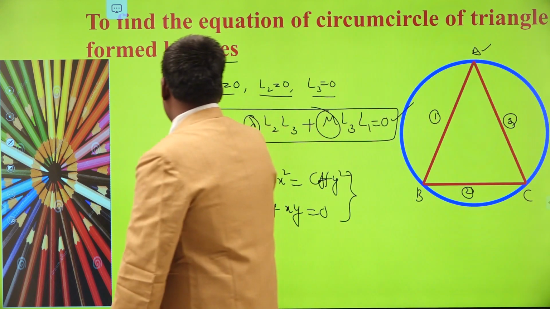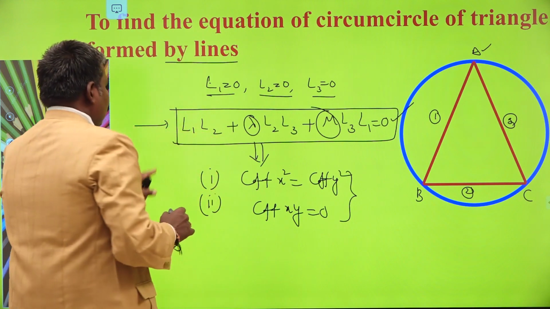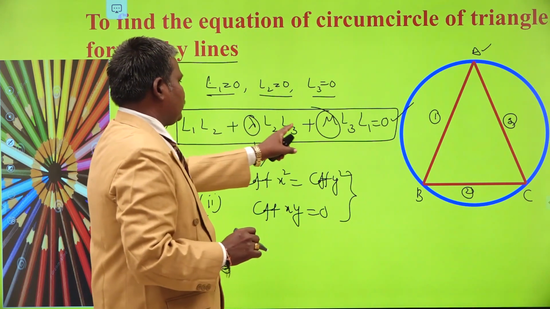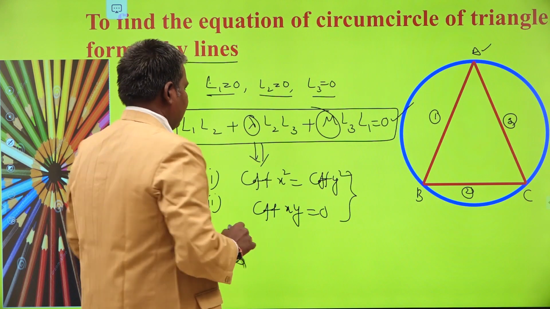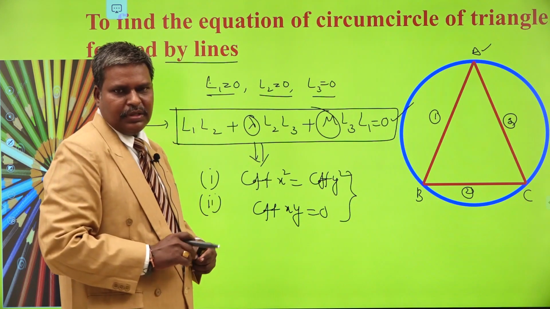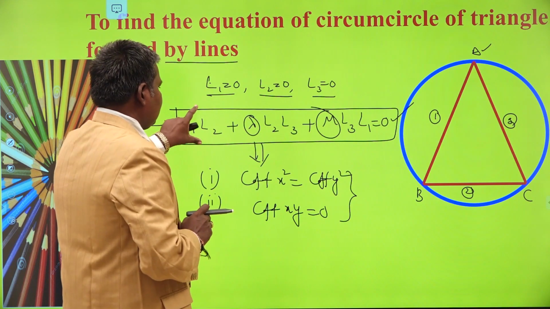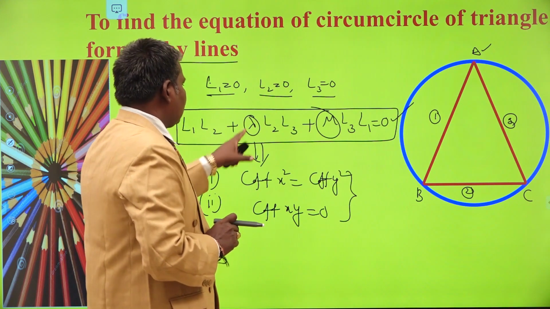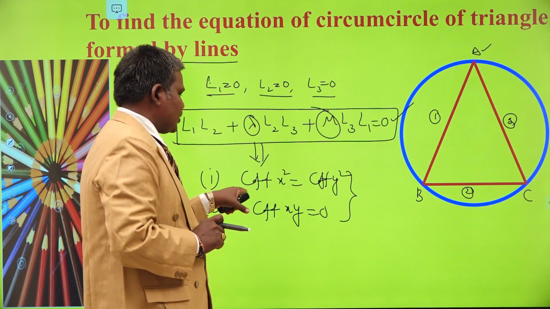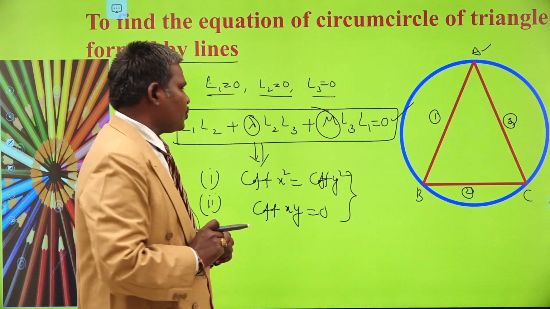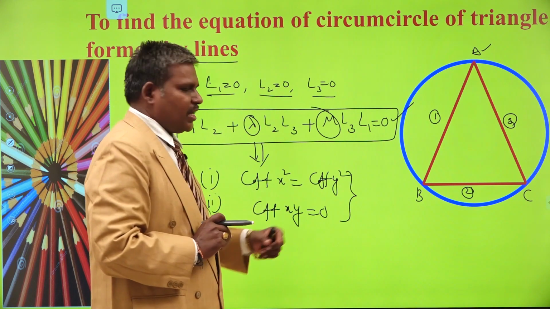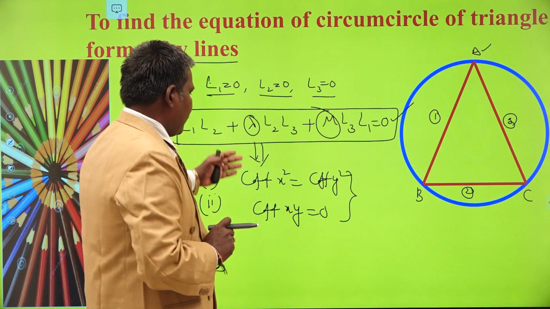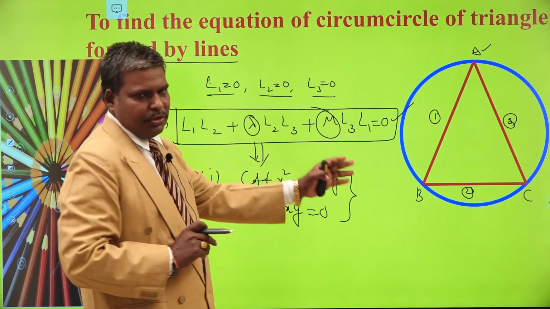Even though, I am going to explain this one, that is, L1 L2 plus lambda into L2 L3 plus mu times L3 L1 is equal to 0. This is the expression. If it represents the circle equation, by using these two conditions, the coefficient of x square is equal to the coefficient of y square and the coefficient of xy is equal to 0, we obtain two equations in lambda and mu.